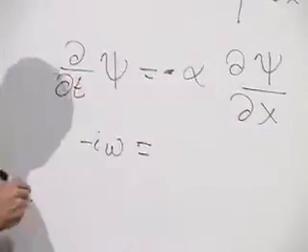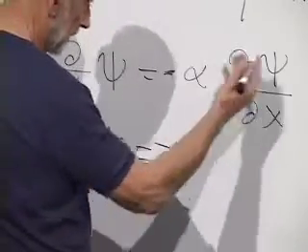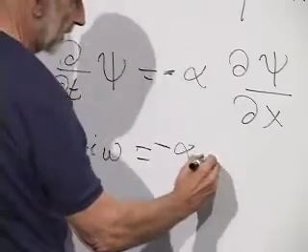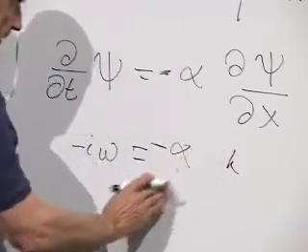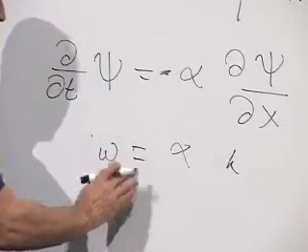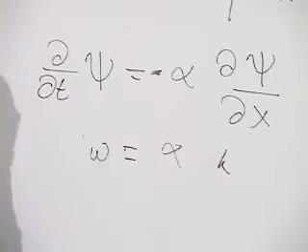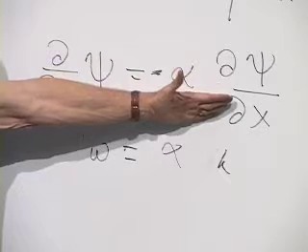That, according to this equation, is minus alpha times d by dx, which gives minus ik. Canceling out the i's and the minus signs, it says this odd equation that omega is equal to alpha k. Now, this is just shorthand for this relationship here.